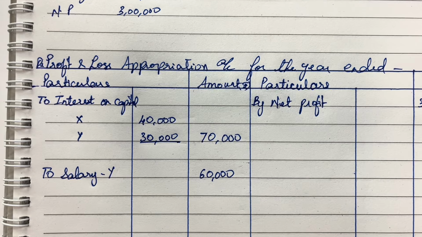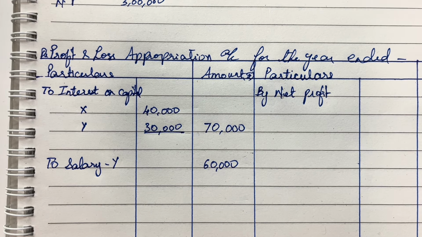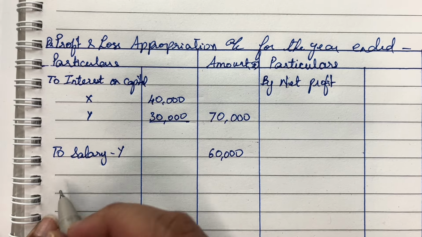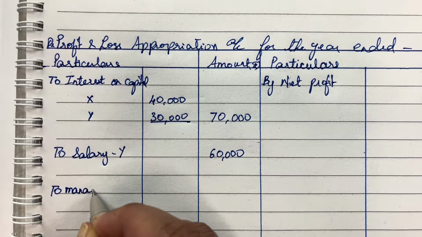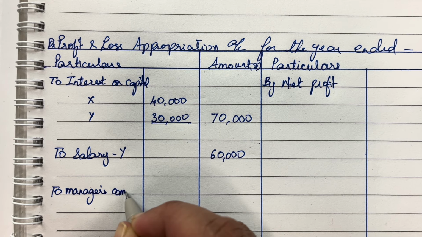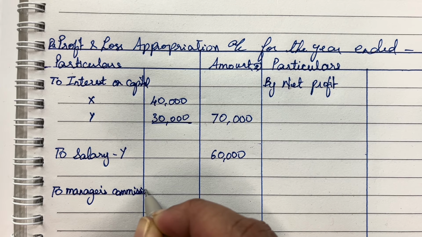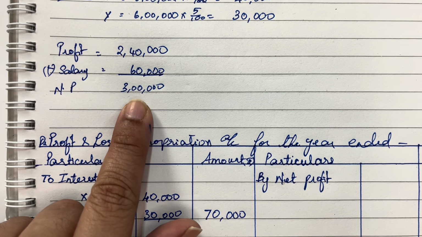Okay, after this, once we get the net profit, we'll provide commission to our manager. So our next entry would be to manager's commission. Okay, manager gets a commission of 5% on the net profit.